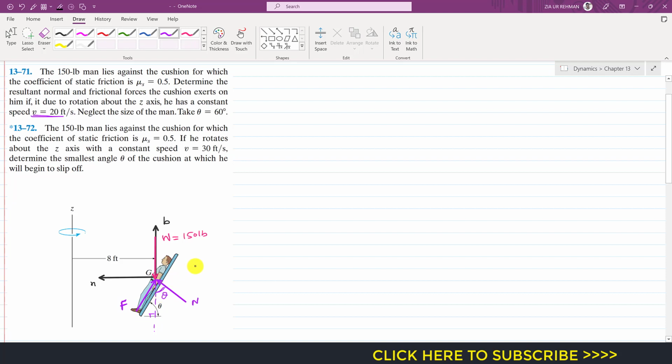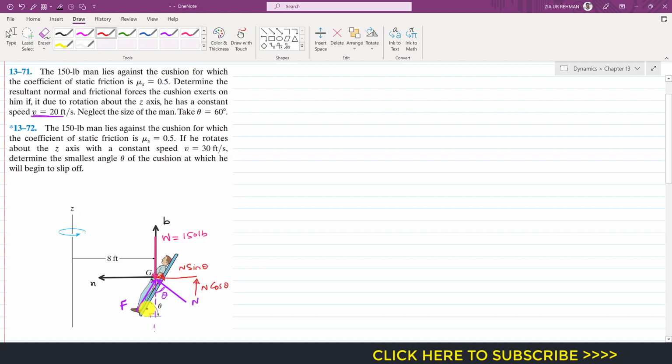So we can resolve this normal force into its components. It will have two components. If this is theta, then this angle is also theta, and this is the cos component. So this component is N cos theta, and this is N sin theta.